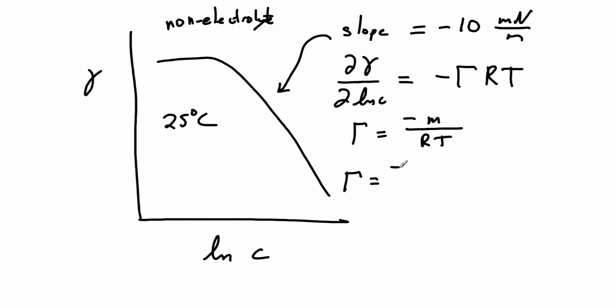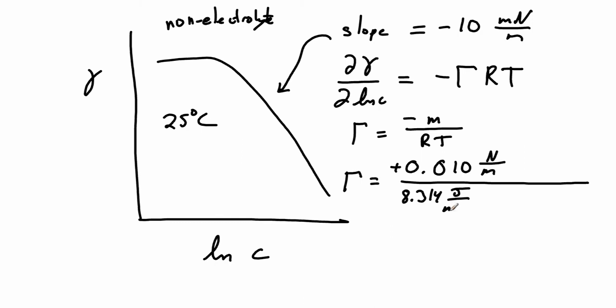So we have a positive 0.010 newtons per meter divided by 8.314 joules per mole per Kelvin and 298 kelvins.